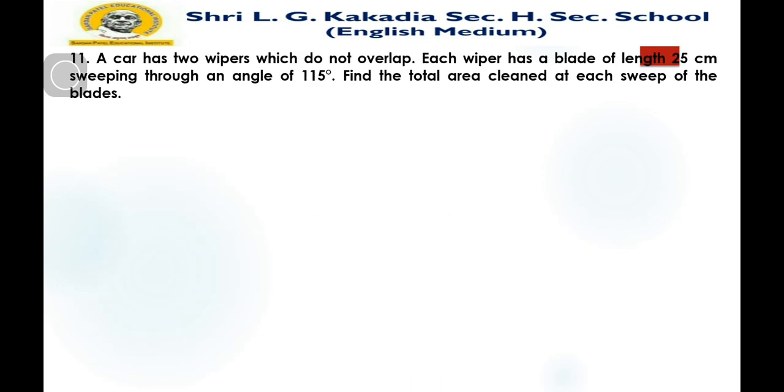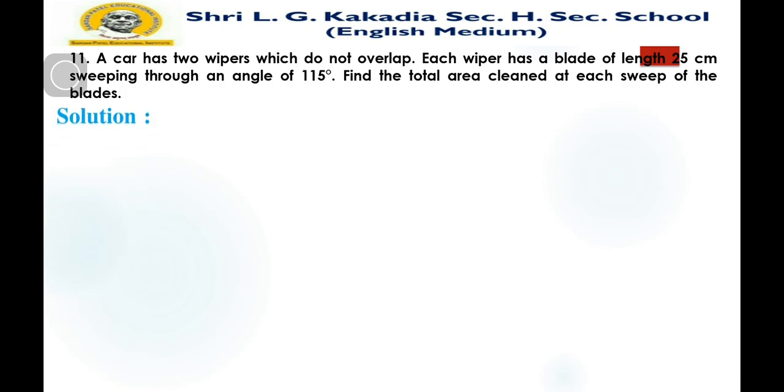Next example, question number 11. A car has two wipers which do not overlap. Each wiper has a blade of length 25 centimeter sweeping through an angle of 115 degrees. Find the total area cleaned at each sweep of the blades.